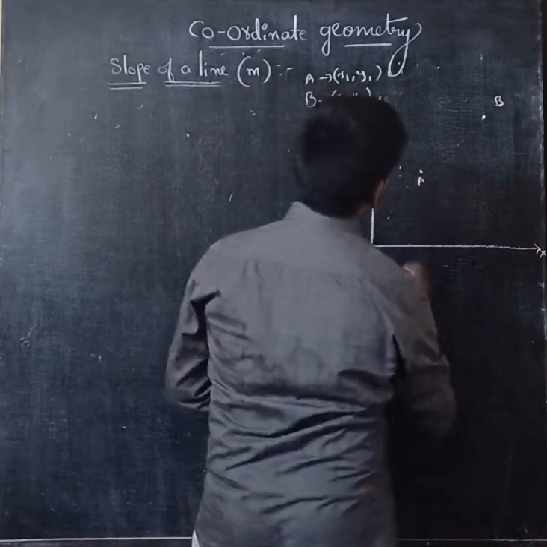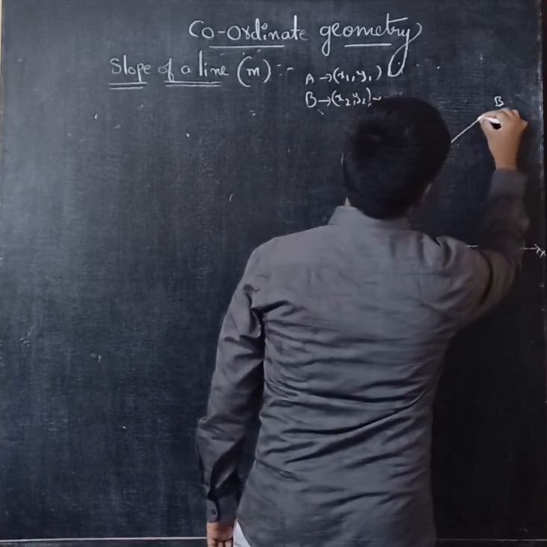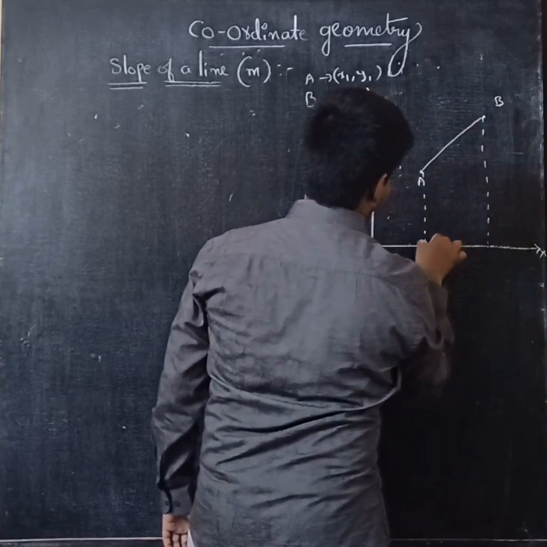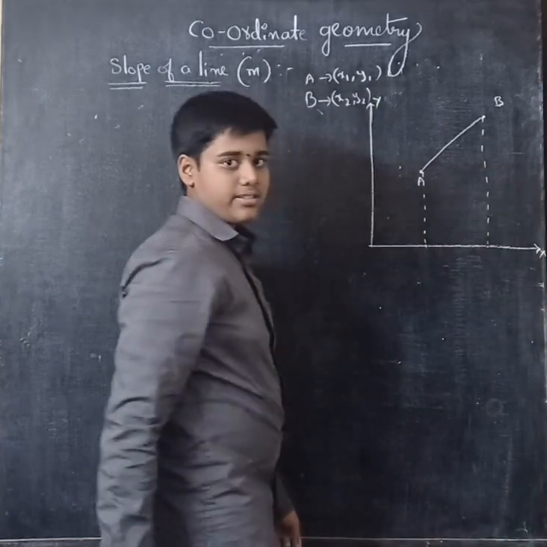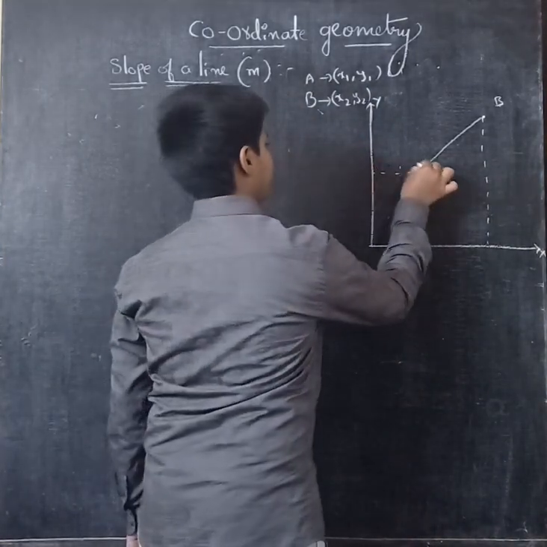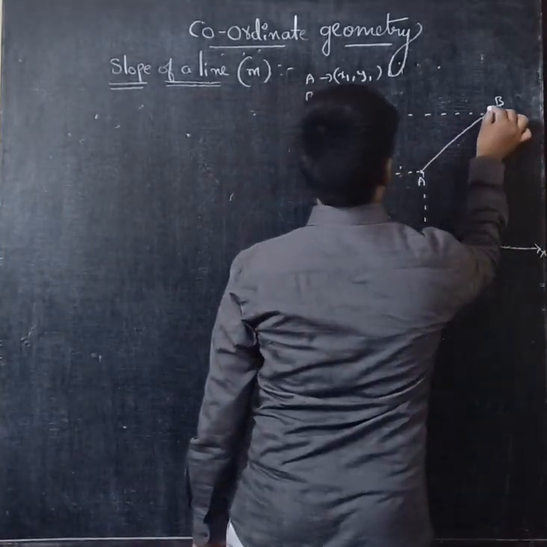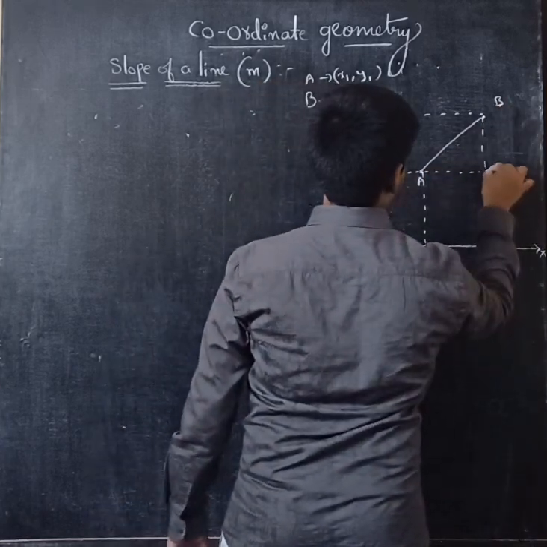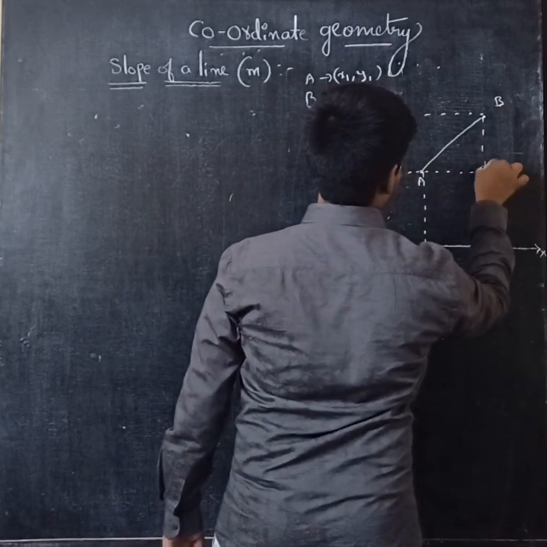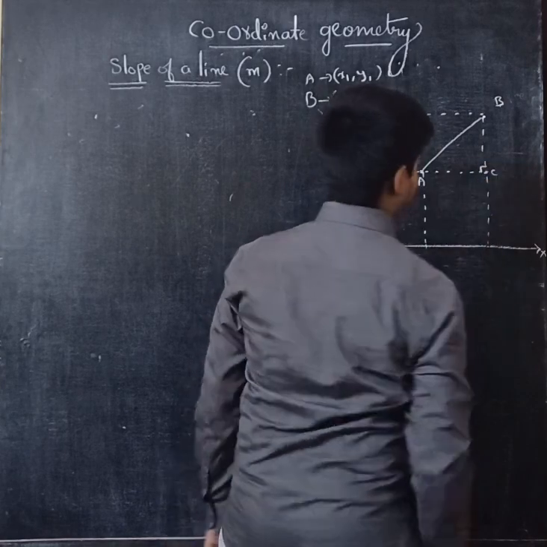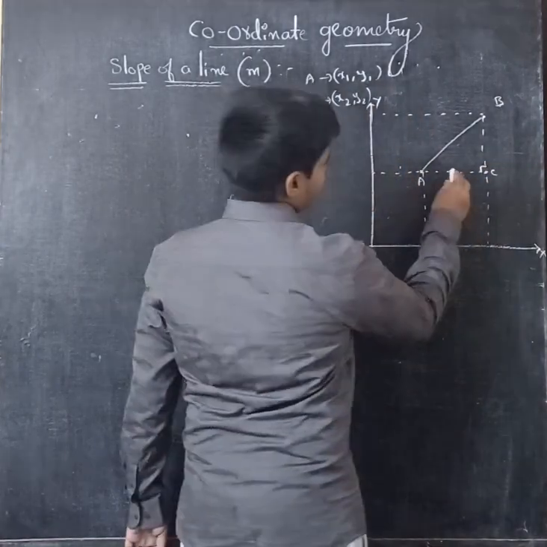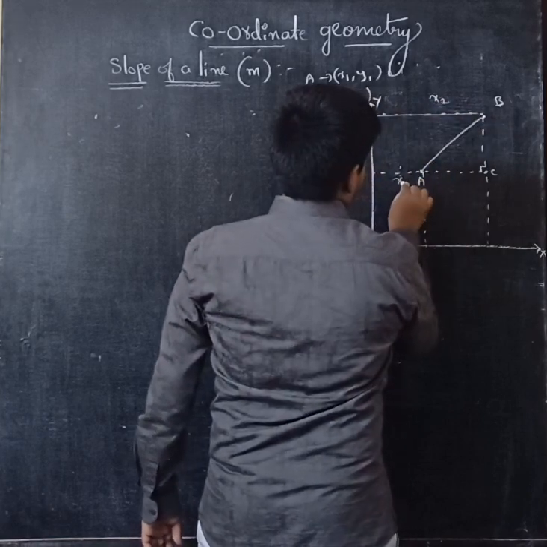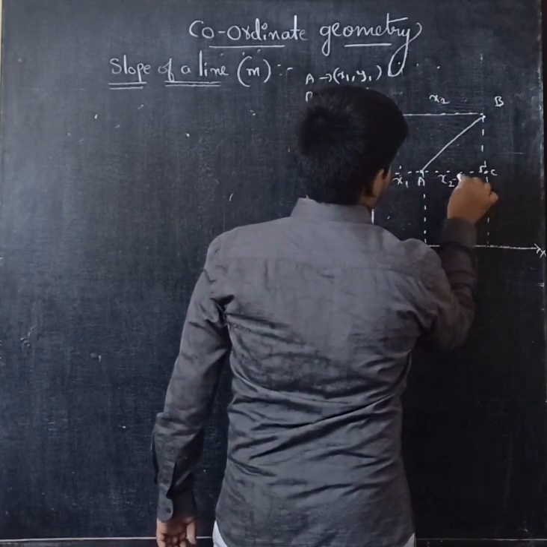And here join these two points, and like this the distance along the y-axis and like this the distance along the x-axis. And here if I take this point as C, where the right angle triangle is made, 90 degrees, here this full length is x2 and this is x1, and it is x2 minus x1.